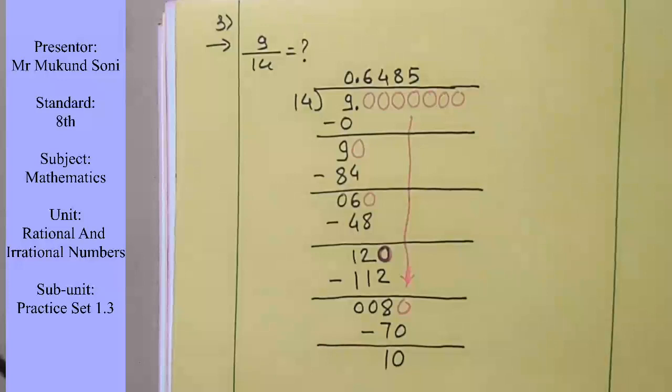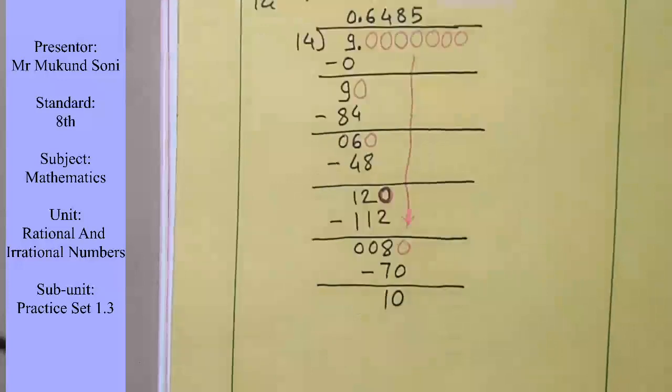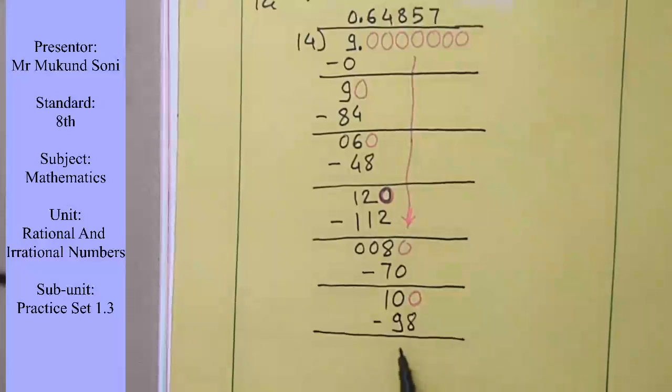Then go ahead, don't stop, keep doing it. Now you have started getting it. Take the next 0. Very good. Then in the table of 14, 7s are 98. Very good everyone. Then subtraction is 2.